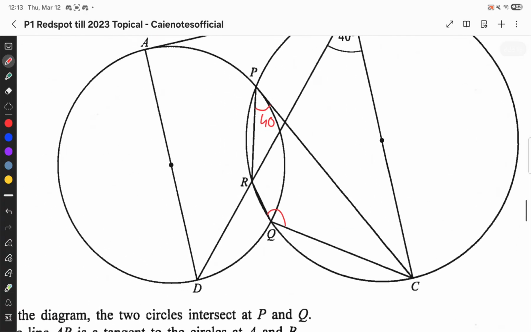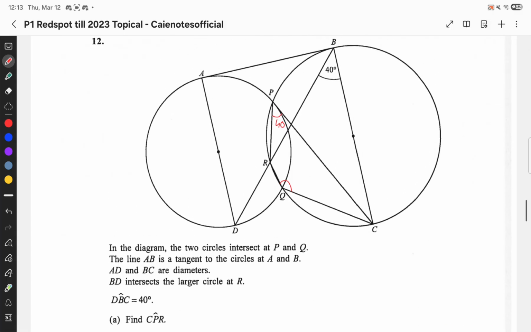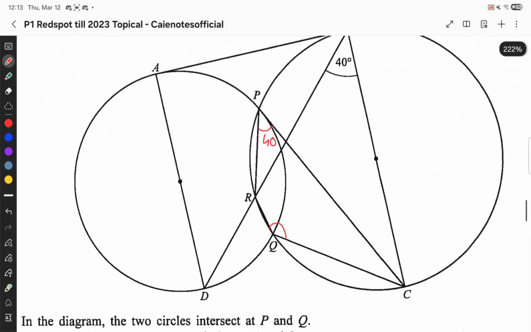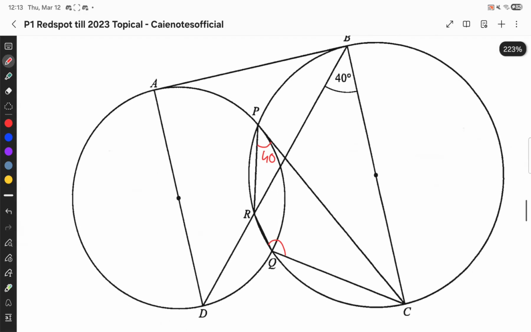What else information are we given? We are given AD and BC are diameters. So we can do some stuff with it. A and B are tangents. They make 90. This may come to our help.